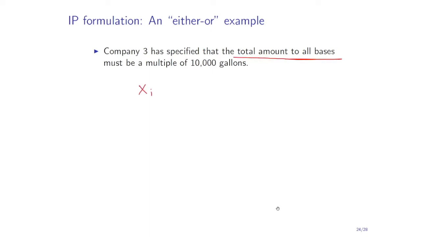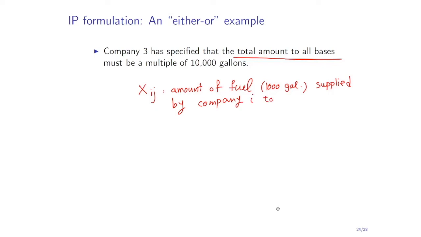Remember, Xij was the amount of fuel, 1,000 gallons is our unit, the fuel supplied by company I to base J. Okay, so the total amount that company 3 supplies is what it supplies to first base plus what it supplies to the second base, what it supplies to the third base, right?